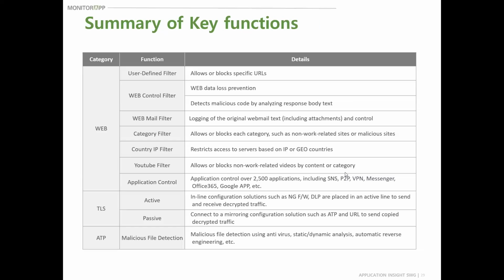So here is the quick summary of the functions. As you see, AI SWG provides all of the core features needed for your IT operation: URL filter, DLP, webmail filter, and full audit log as well.